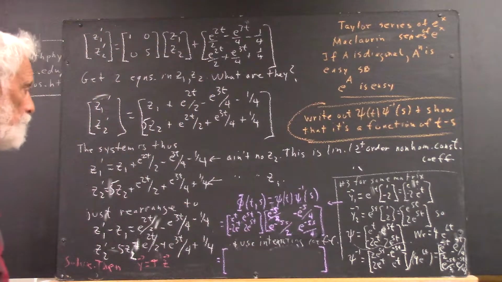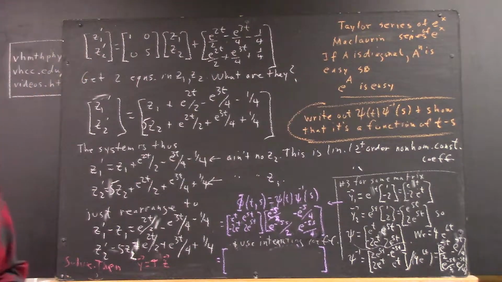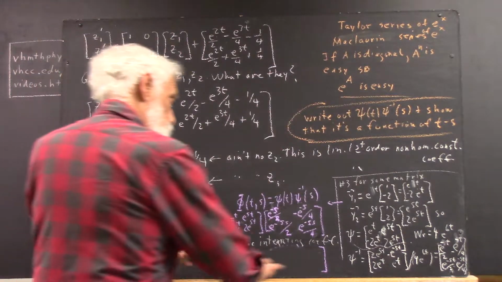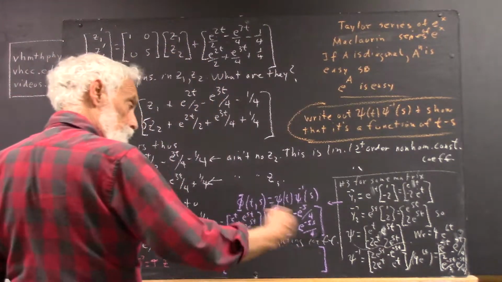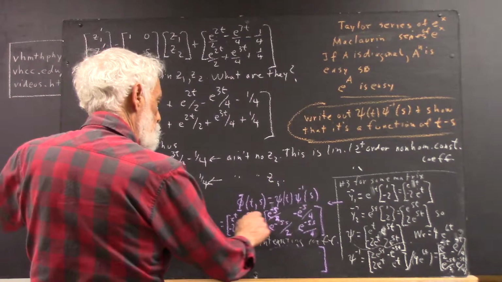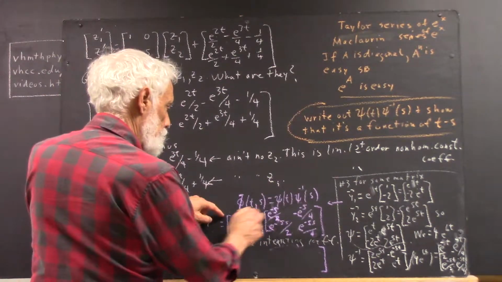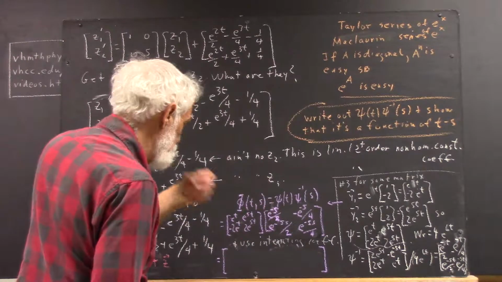So what we want to do is multiply those matrices. I'm not sure I'm going to be able to write this out all that well with the space that I have here, but let's at least start. So this row times this column, we have e to the t times e to the negative s over 2.